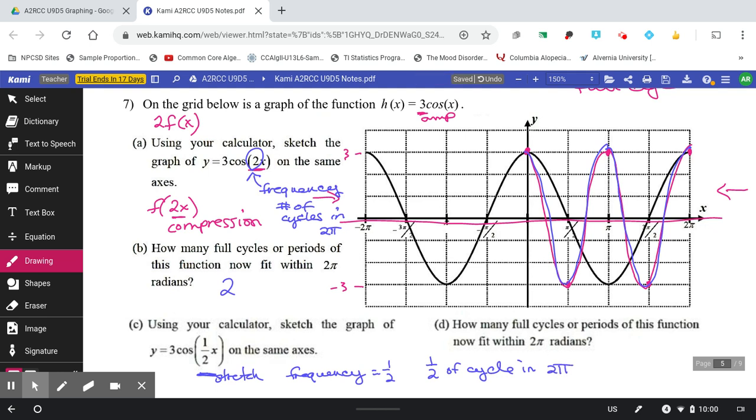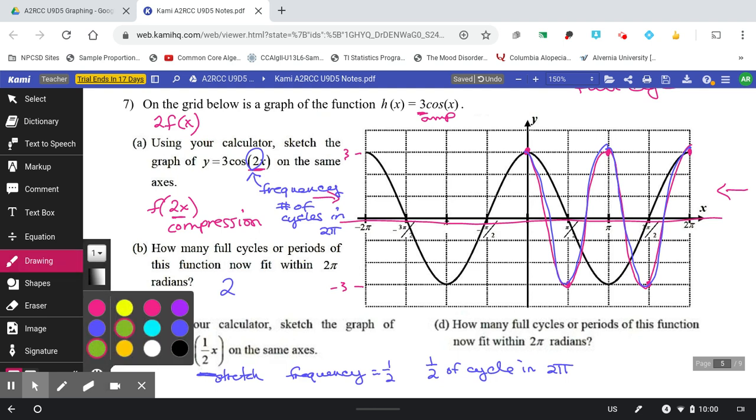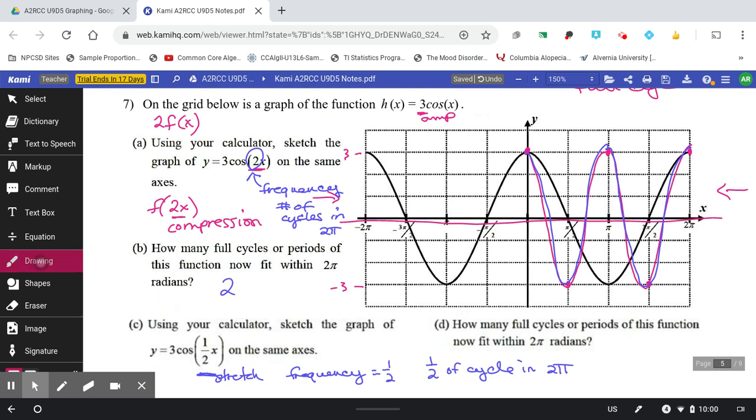So let's take a look at what that's going to look like. All right, so let's pick a different color here. We'll pick green. Okay, so now in your calculator, go ahead and put y equals 3 cosine, but instead of 2x, we're going to change that to 1/2 x.